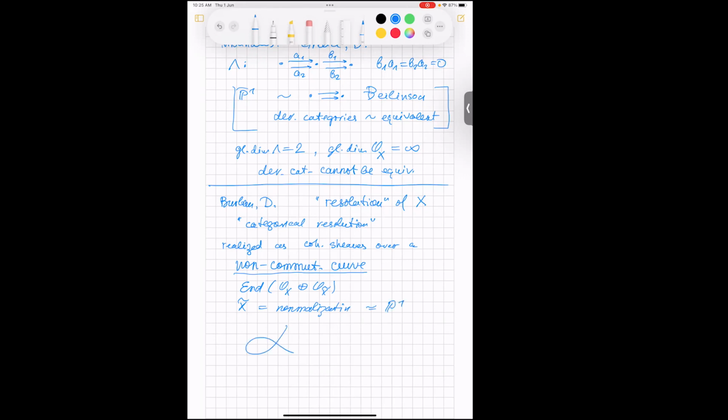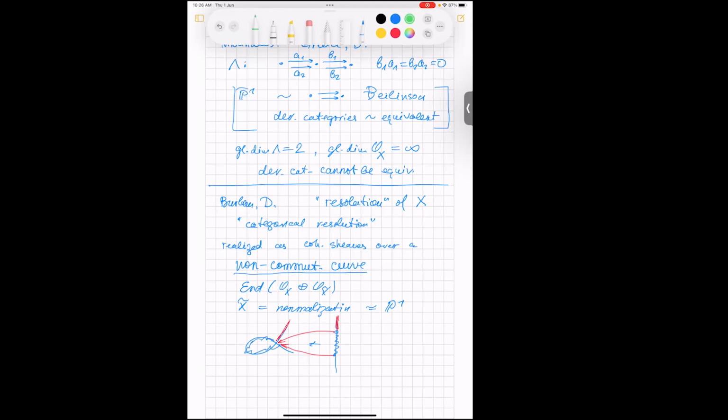You know this normalization. You take the projective line, you take a map which maps 2 points to this one. Then this one maps here. This one maps here.